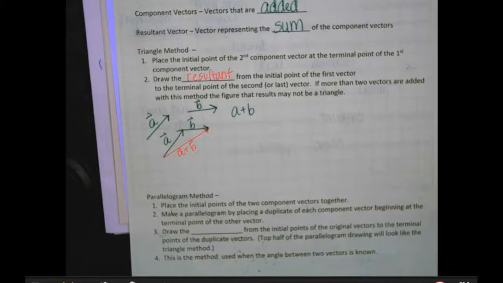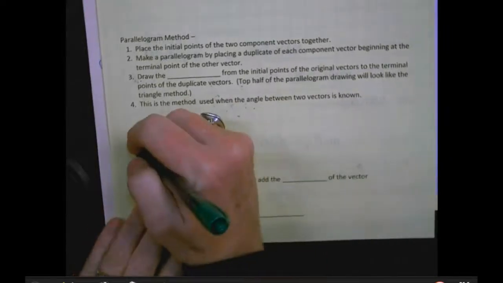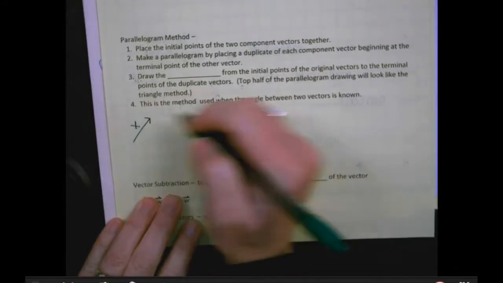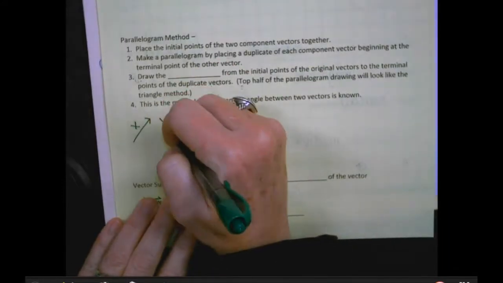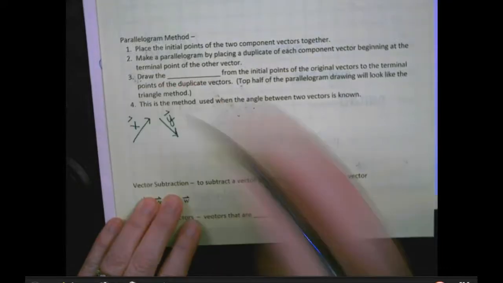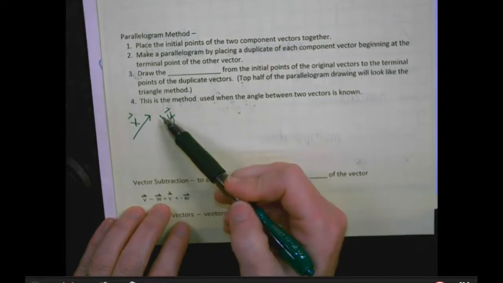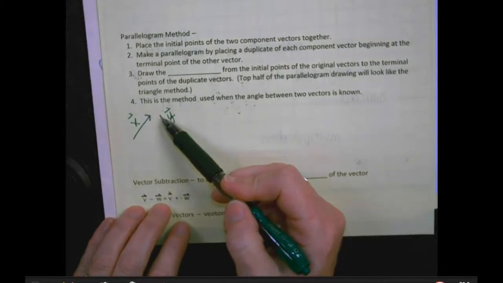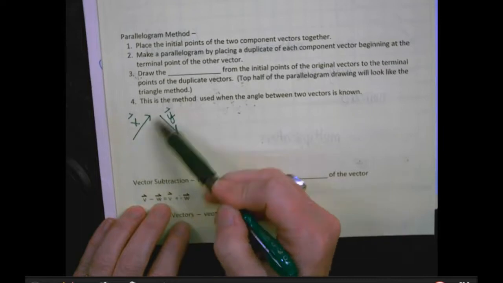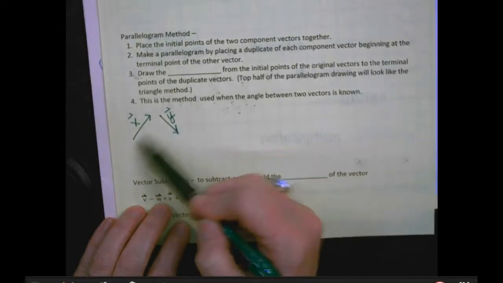Okay? So the parallelogram, you're going to put the 2 initial points together. So if I have X and Y, this time, look, I'm going to take this initial point and this initial point, and they're going to connect. The initial points.